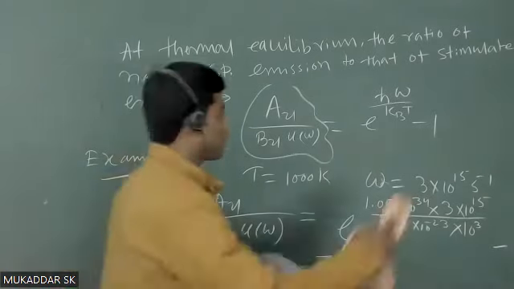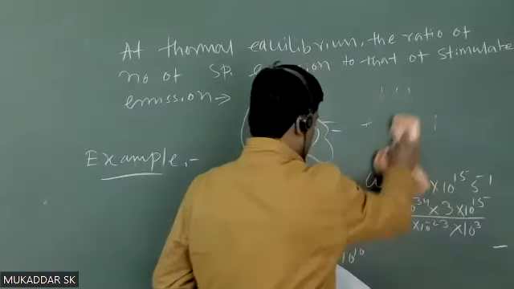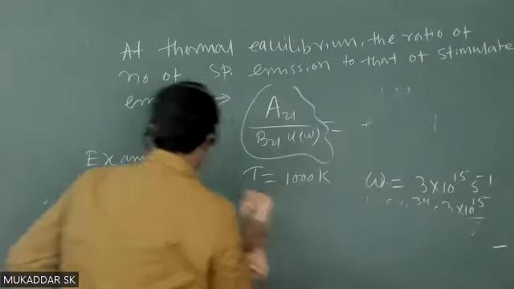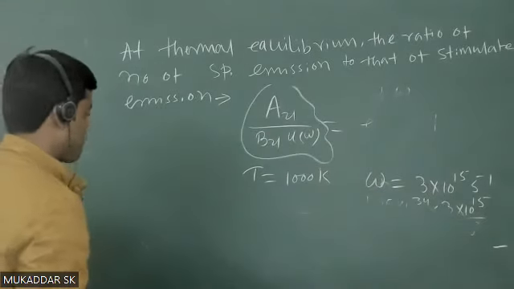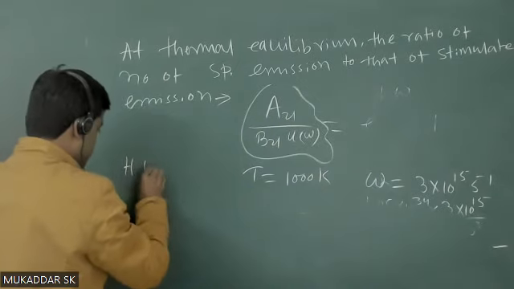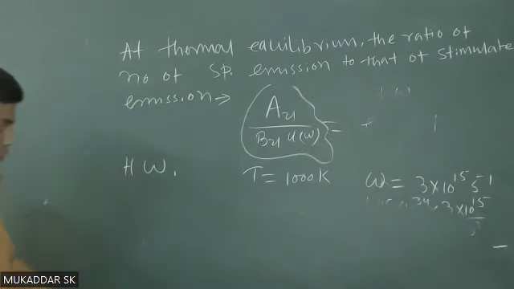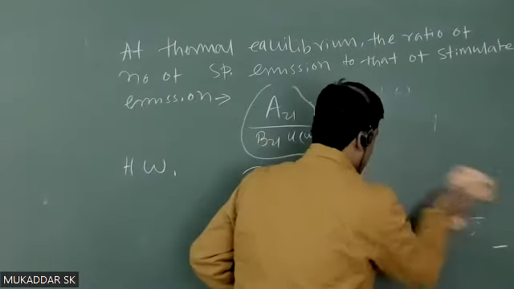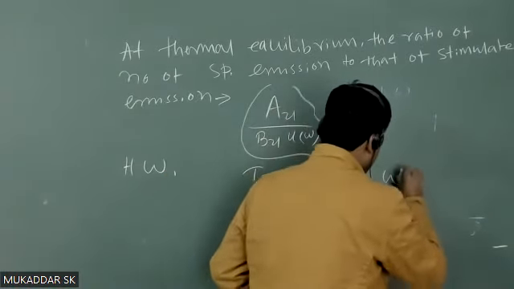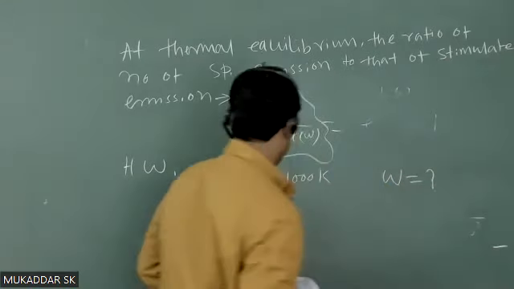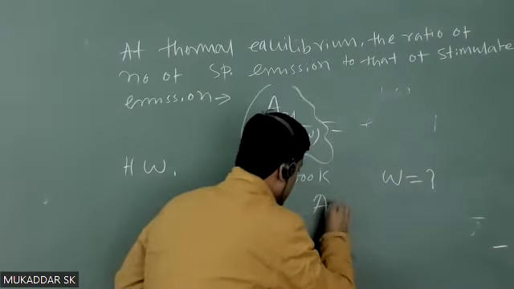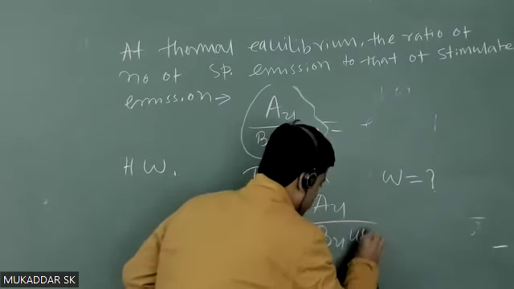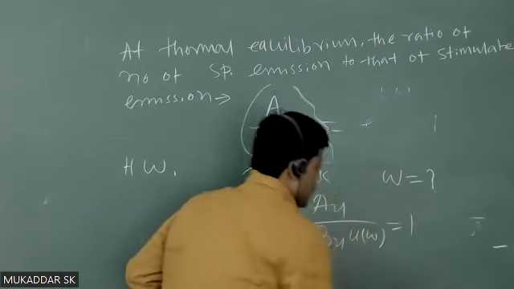Okay. Now you have to find, suppose this is your homework, please do it. Suppose you have an optical source having temperature 1000 Kelvin. At what frequency does this ratio of number of spontaneous emission to that of stimulated emission become one?